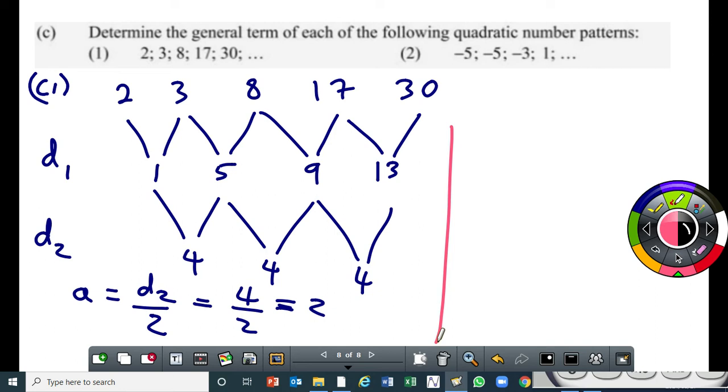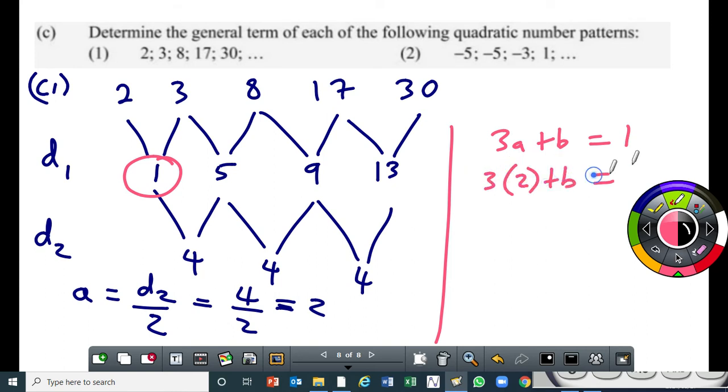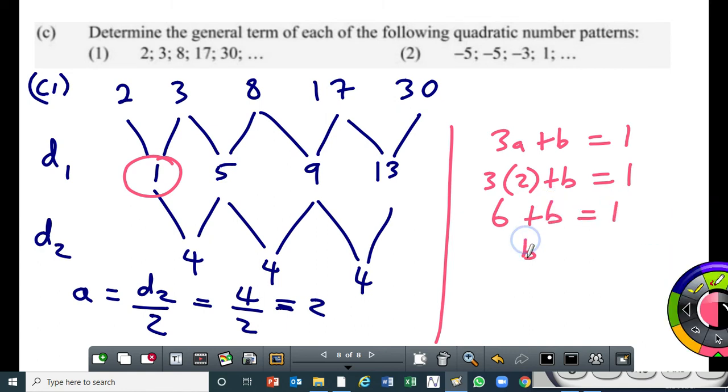Then to find B now, our first term of our first differences is equal to 1. And it's going to be equal to 3A plus B is 1. But A is 2. You get 6 plus B equals 1. So B is going to be negative 5.